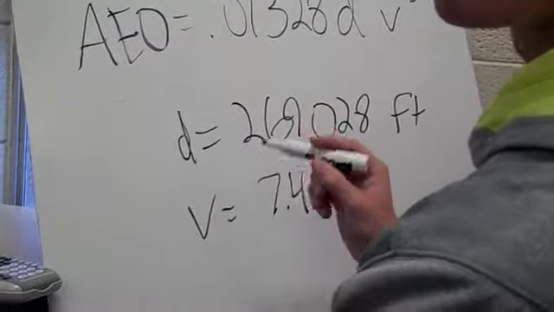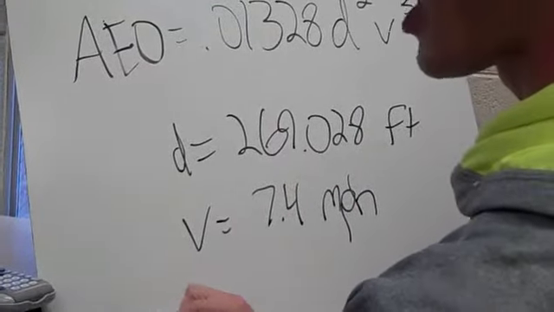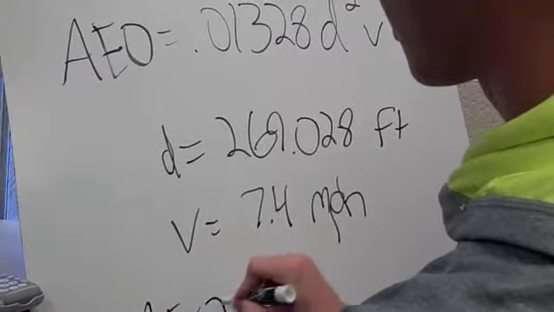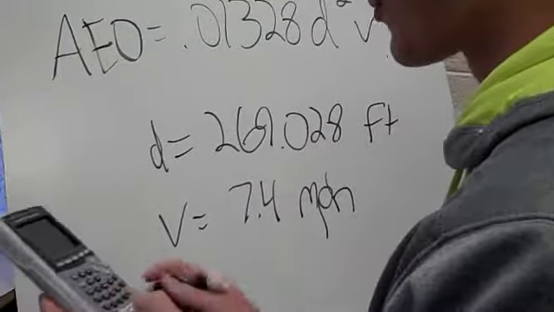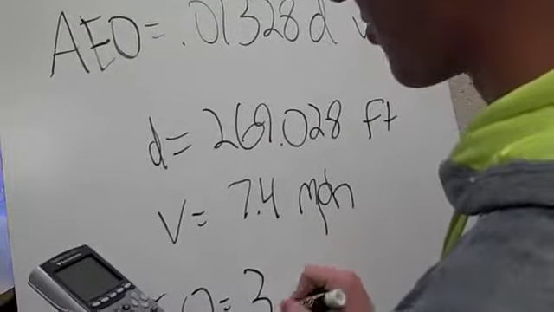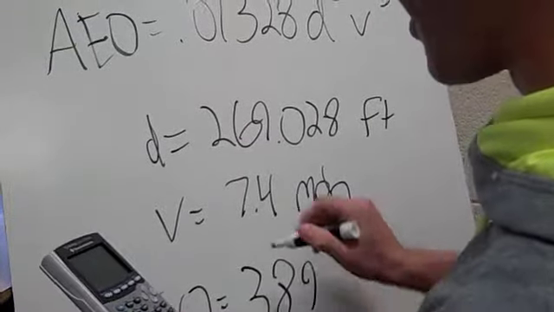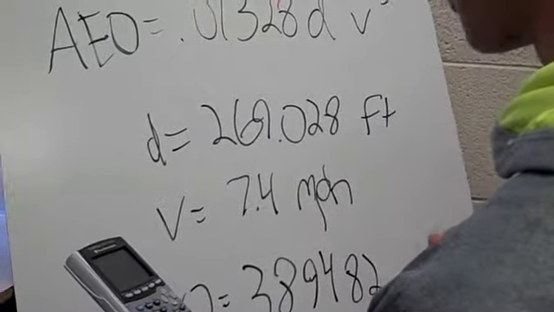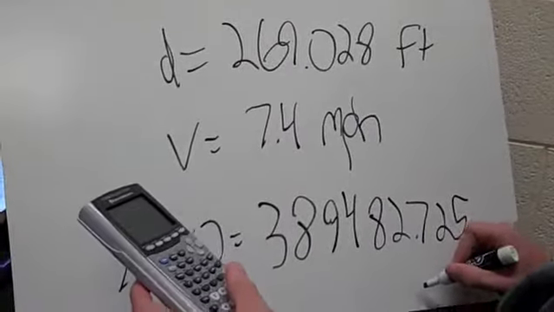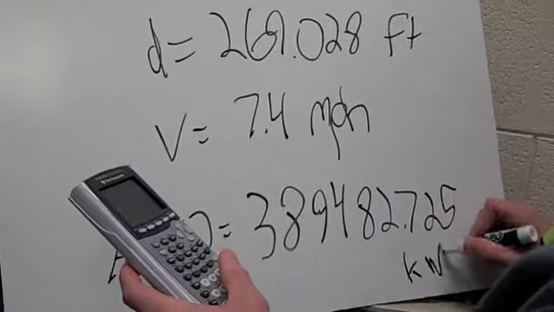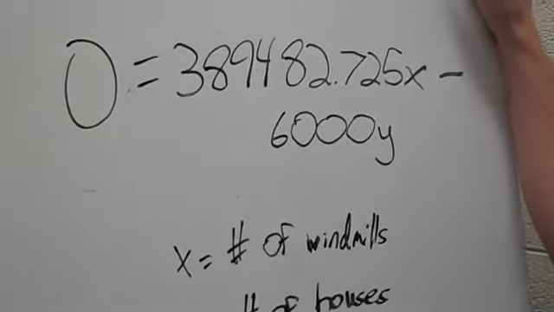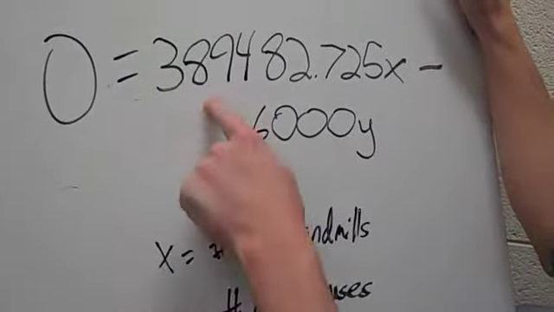Once we plug the values in for d and v, we get our annual energy output to be 389,482.725 kilowatts. Bam.